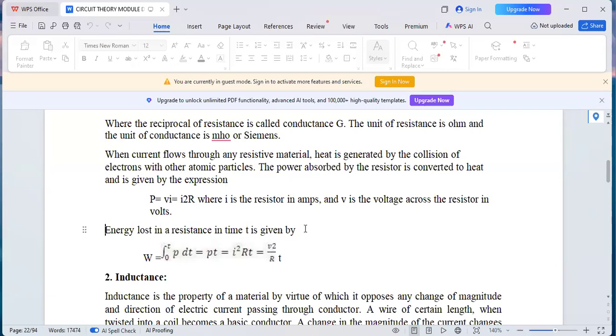So that means the integral of power with respect to time. So P is equal to I squared R. I squared R is power, please note. Then we'll be having V squared divided by R, which is the same as what? Power. You understand? Okay.